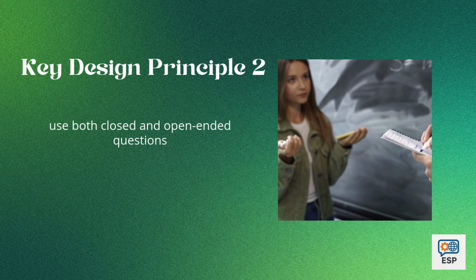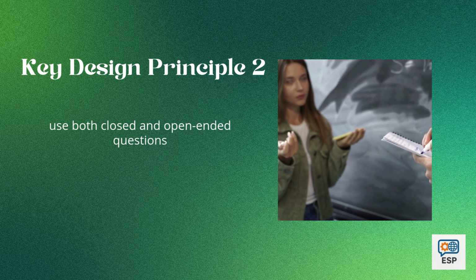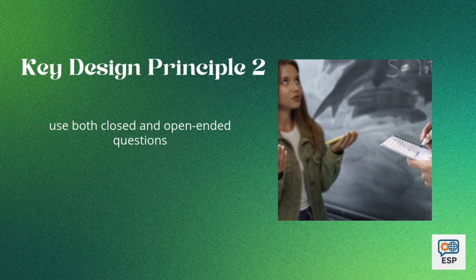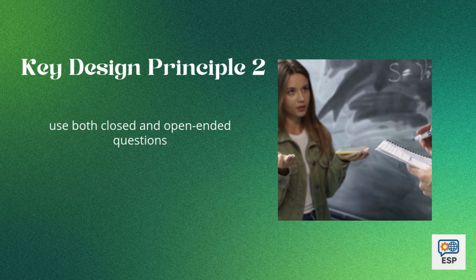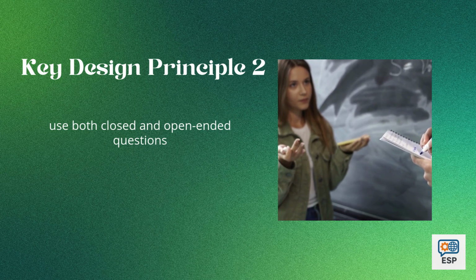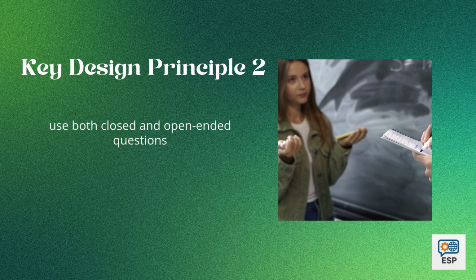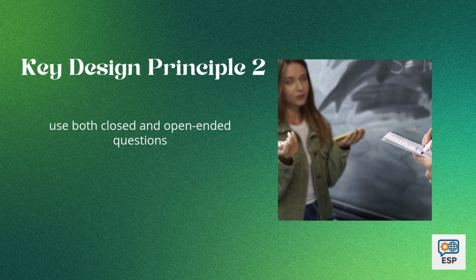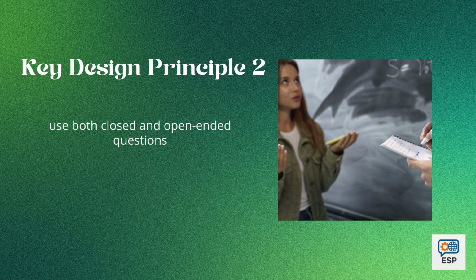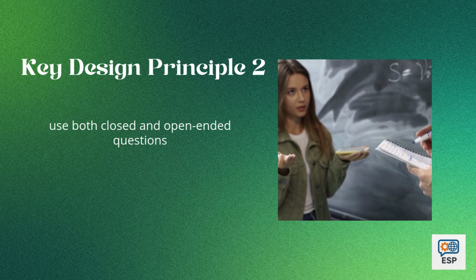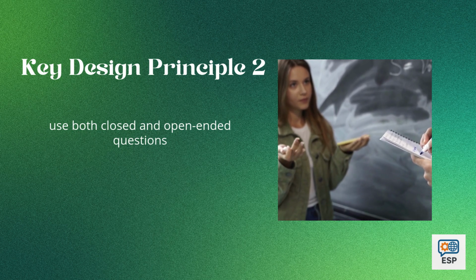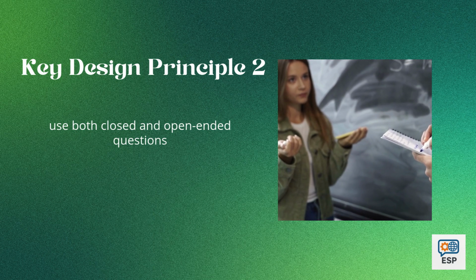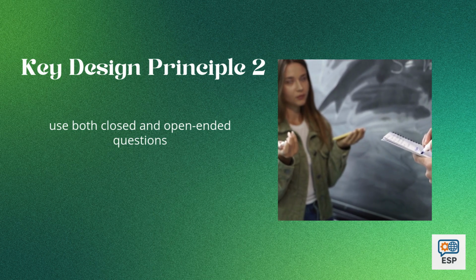It'll be a little more difficult to graph, but it's a qualitative value that you're going to get. So it is important that you include these two types of questions in your needs analysis instrument. They may have different ways of being presented, but nonetheless, both are important within the same instrument.